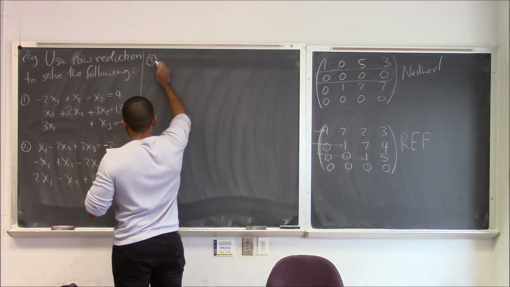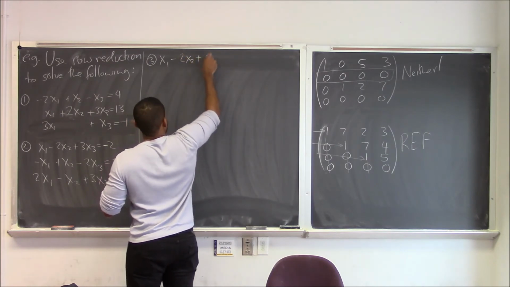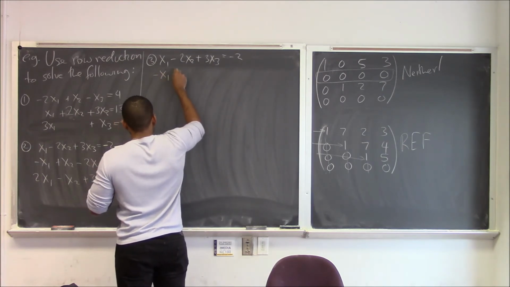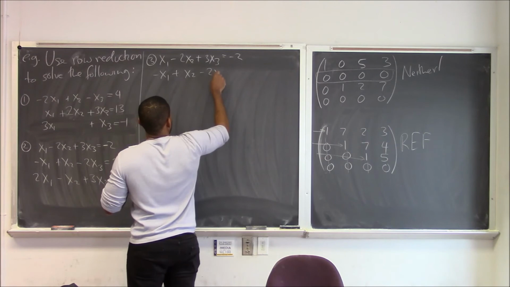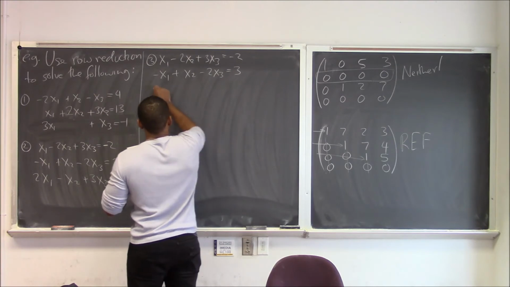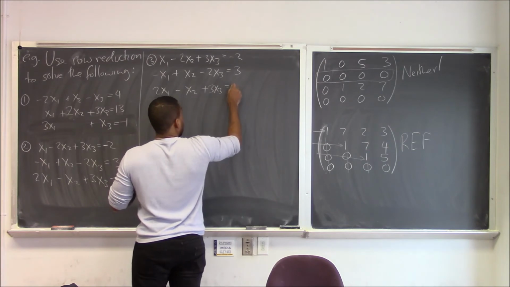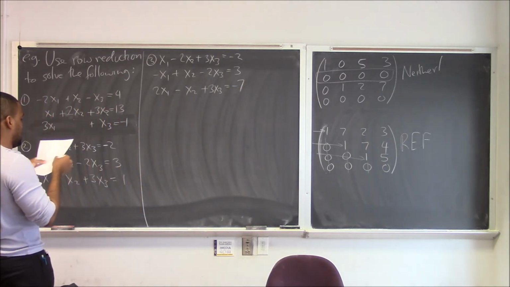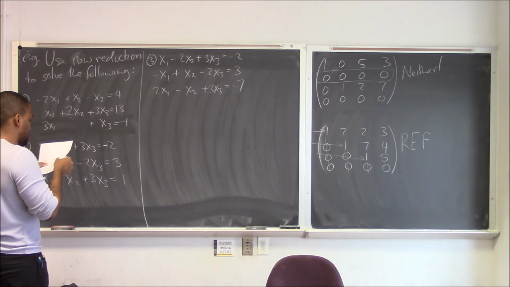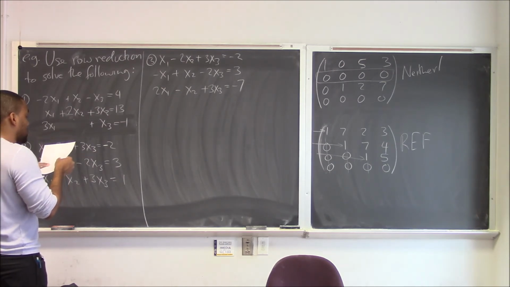And the third example we're going to do. Check that. So minus 2x2 plus 2x3 equals minus 2, minus x1 plus x2 minus 2x3 plus 1, minus x2 plus 2x3 plus 1.